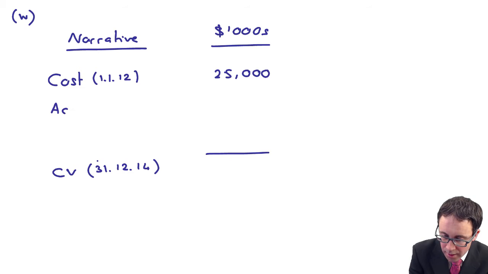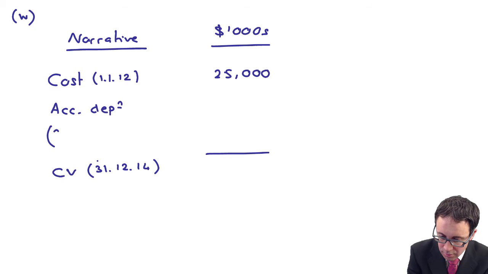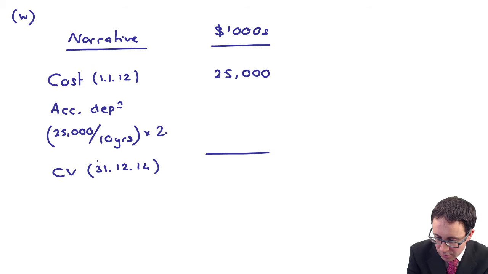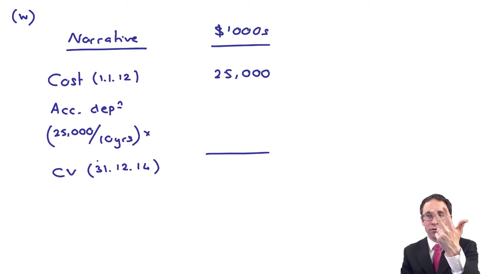So what will be the accumulated depreciation? Well, it will have been the 25,000 over the 10 years. Oh, careful. Quick count on the fingers. 12, 13, 14.